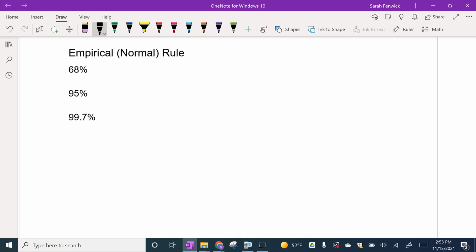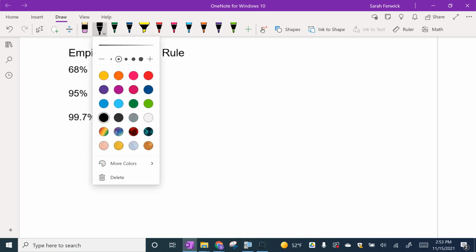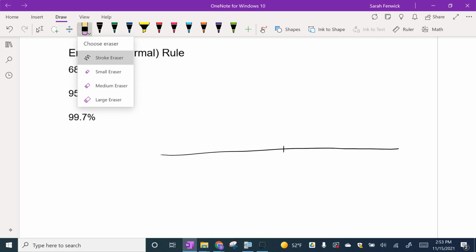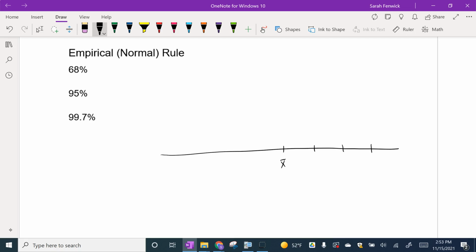You are going to get used to this a little bit later on, but we're going to do it now. You may remember it from Algebra 2. If your mean is here in the middle, let's make it x bar because that's what they used in the book, and I don't want to confuse you. Then I come out 1, 2, 3, 1, 2, 3.